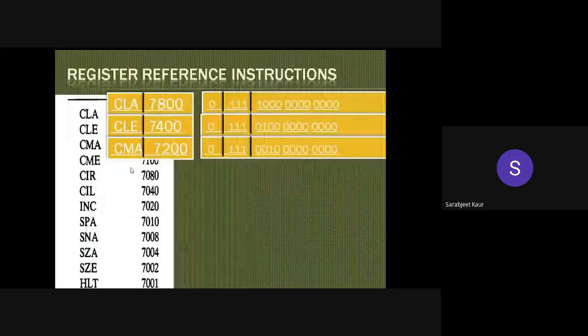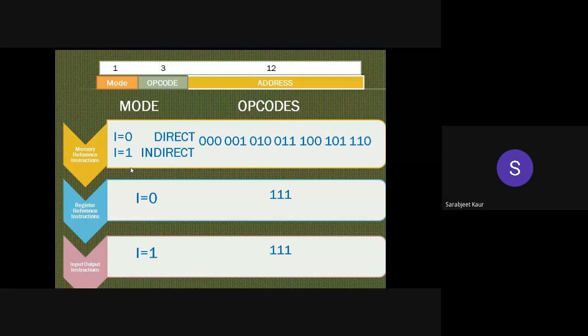Remember all this code, right? Memory reference instructions had opcodes from 000 to 110. If the mode bit was 0, it was a direct memory reference instruction. If the mode bit was 1, it was an indirect memory reference instruction.